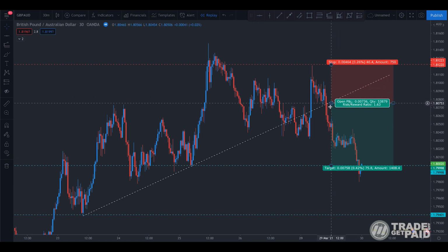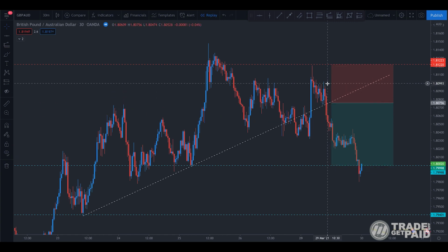Now, here's the issue. As this price moves in the direction that you want it to go, it is a positive for your profit, because of course your trade is winning. You're in the blue. You're looking good.